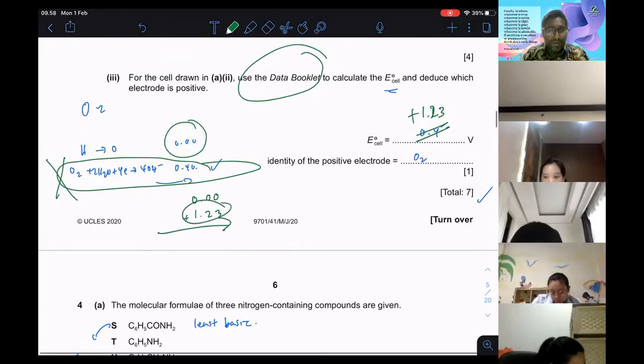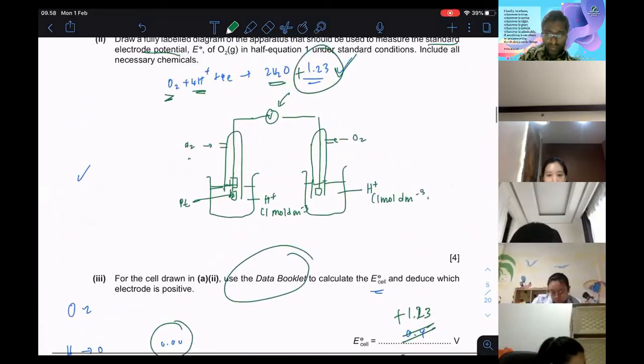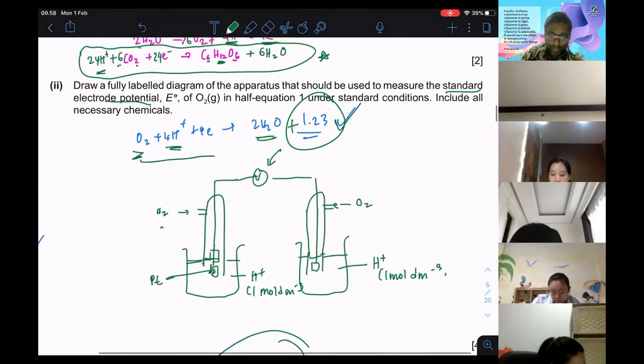If you go to the right, the equation that I am going to use is O2 plus 4 electrons. Now, this is going to be plus electron. If you are gaining electrons, is it the positive terminal or negative terminal, Charlton? Negative? How come? You study physics also, right?